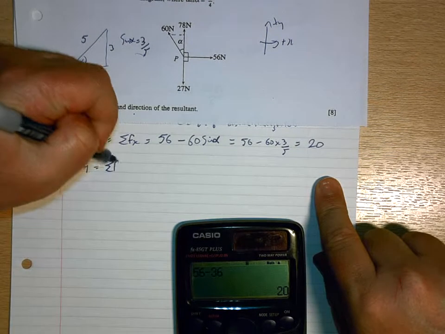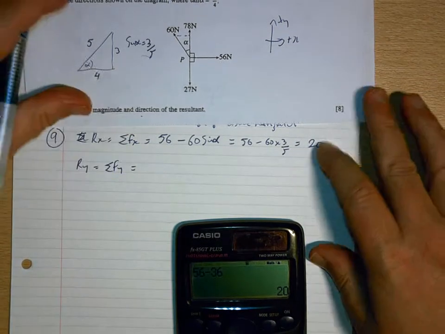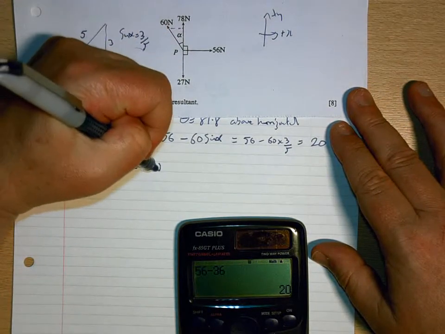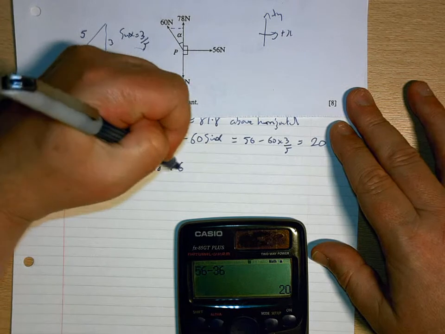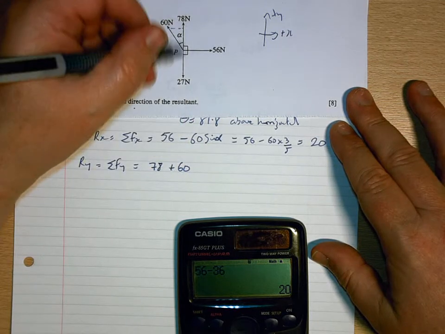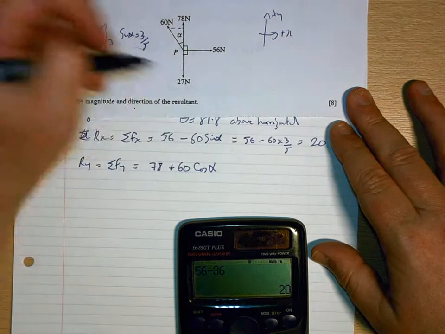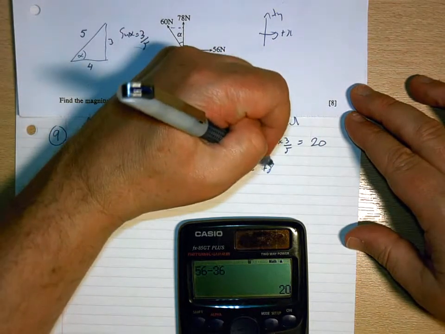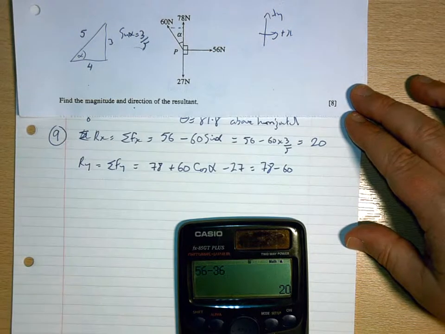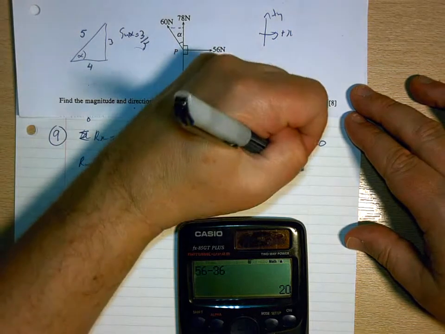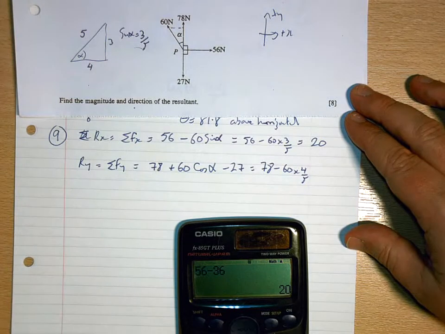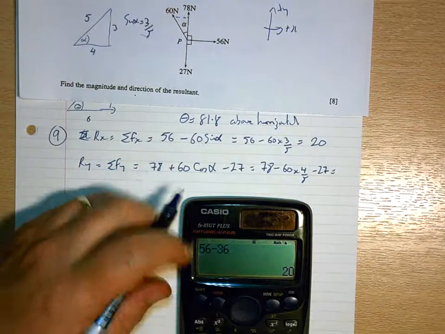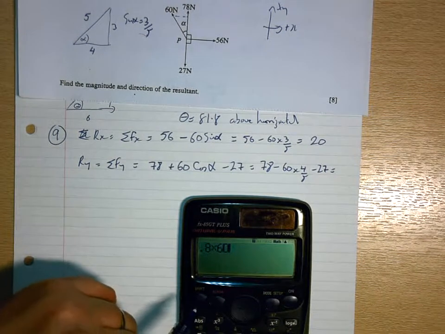Then Ry will be the sum of the y components, which will be 78 plus 60, and this time it'll be cos alpha, minus 27. Cos of alpha is adjacent over hypotenuse, which is 4/5, minus 27. So 0.8 times 60 is 48.